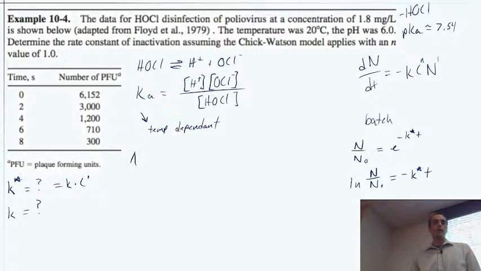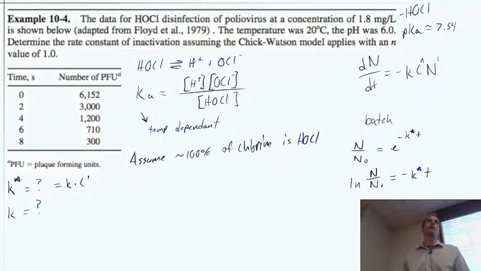Or given these conditions, maybe it would be nice to just assume that approximately 100% of chlorine is HOCl. And if we were to do the math, it's probably like 98+%.